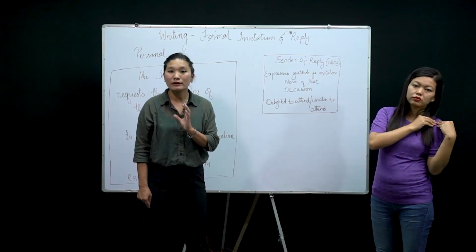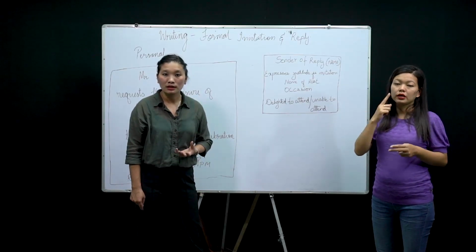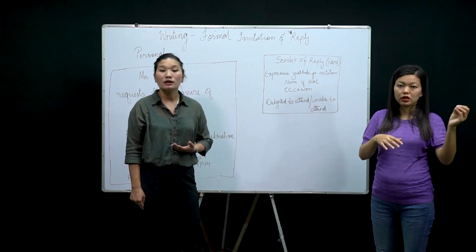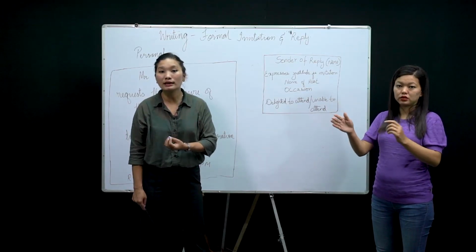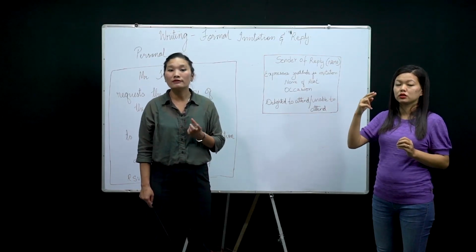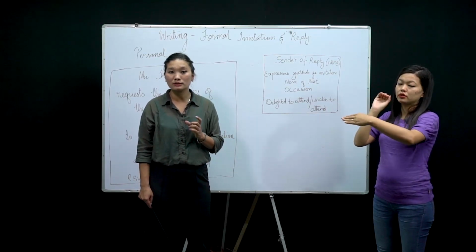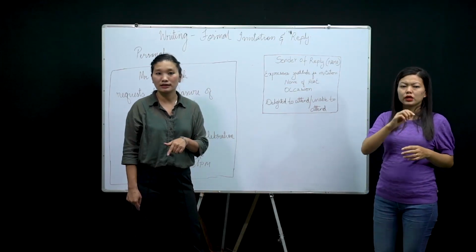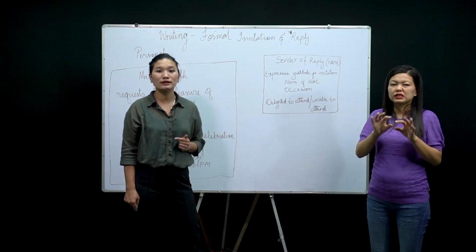And if you have a very unavoidable situation that is making you unable to attend the celebration, you have to make sure that you cite that reason too. And that reason should be a very valid one. If you are citing the reason, you cannot just write is unable to attend because he is feeling lazy or she is feeling lazy.